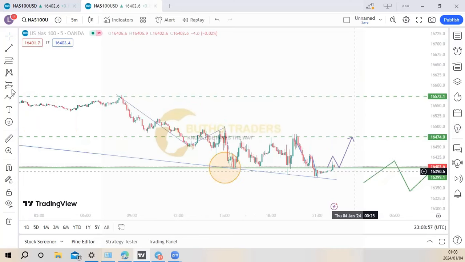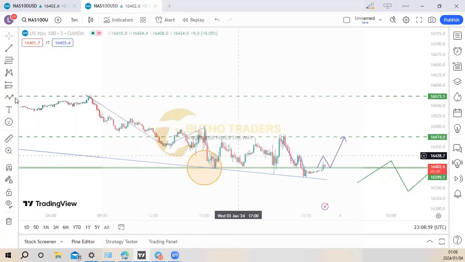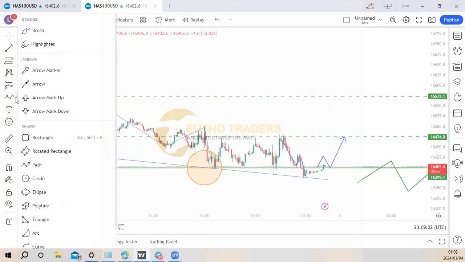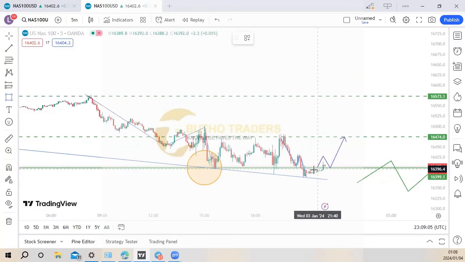You put a highlighting, just a rectangle, from your previous lower low, from the part where the market broke to your previous lower low.